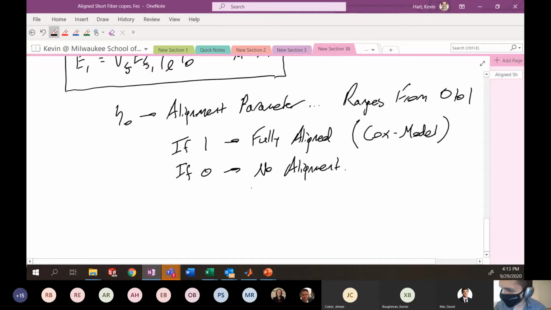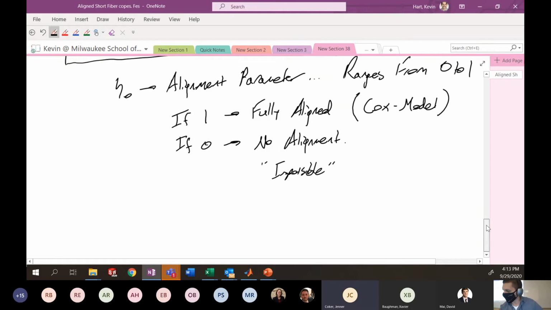I'll say that this is impossible, and I will explain why in just a moment. I mean, having 0 would be the same as just not having a reinforcement at all, right? By our model, yes.